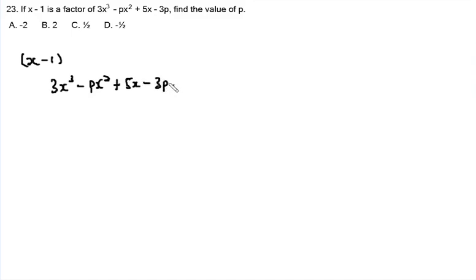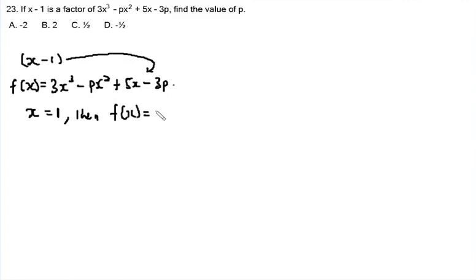Let's assign this to a function of, say, f of x is equal to this polynomial. So if this is a factor of this equation, that means x is equal to 1. If you plug x is equal to 1 into this equation, then f of x will be equal to 0.